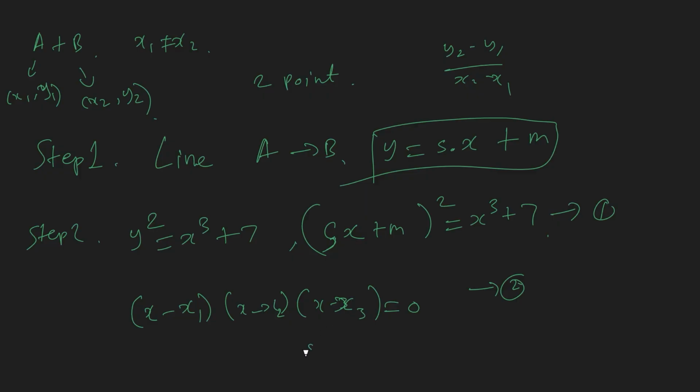You can find x3 will be a function of x1, because we are assuming x1 is known, x2, and we also know the slope. You can just rearrange it and substitute in this equation of the line, and you will get the formula for y3 as well.